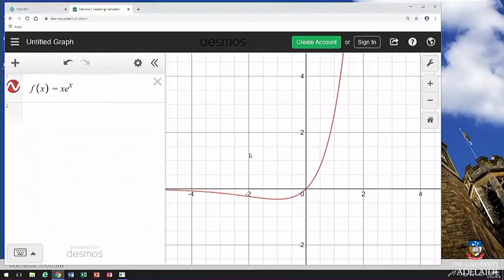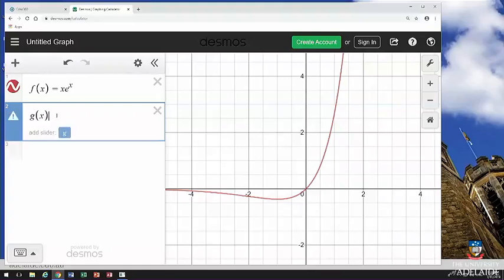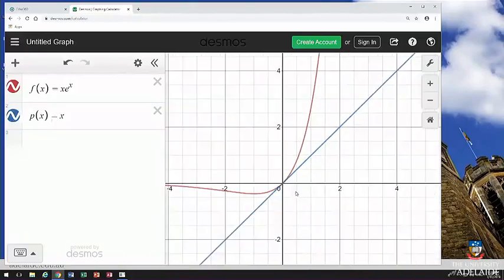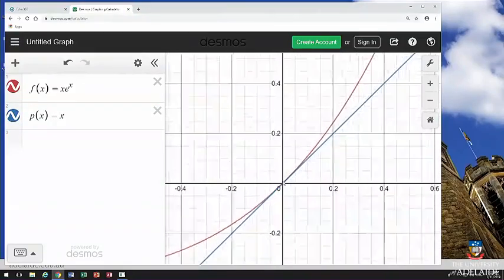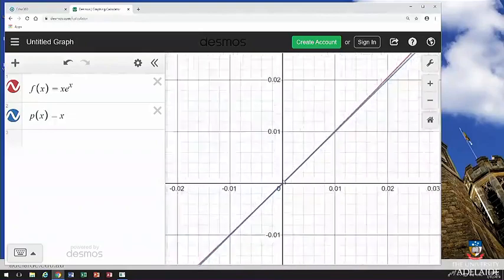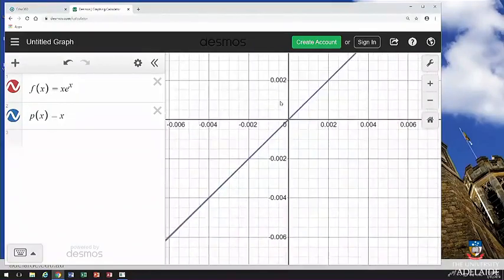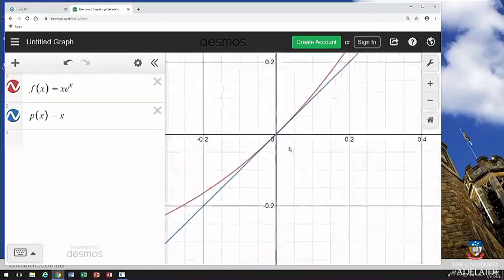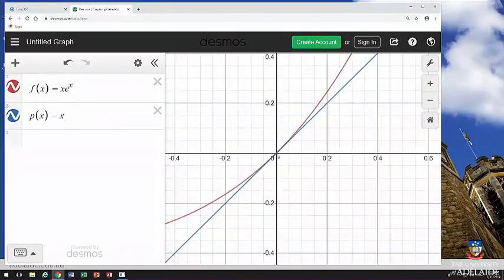So, for example, I could do that one, not too bad. If I zoom right into this, when I'm very close, you can't tell the difference between these two graphs. And that's the idea I'm trying to get at. But unfortunately, this one is not so good if I'm not very close to the origin.